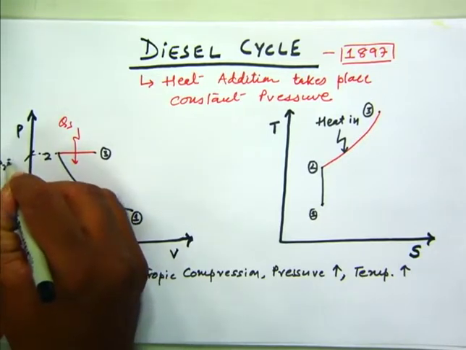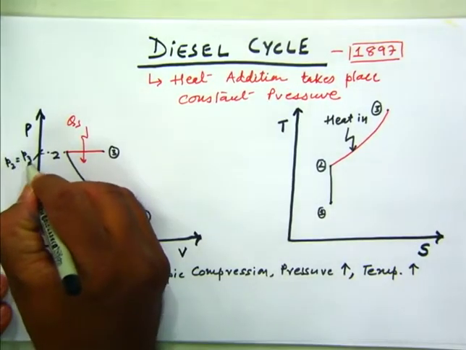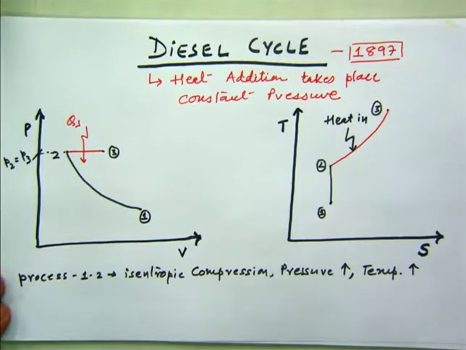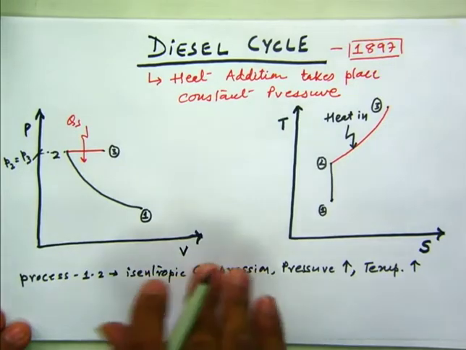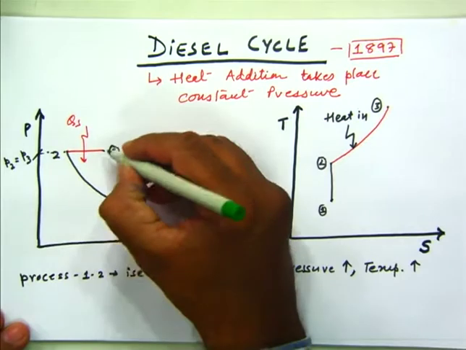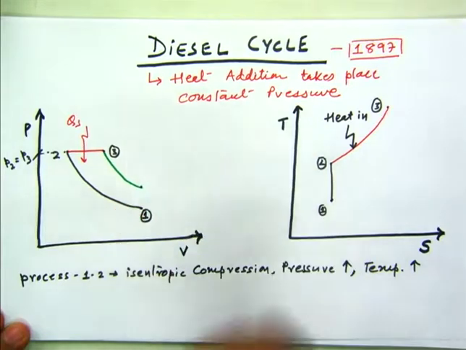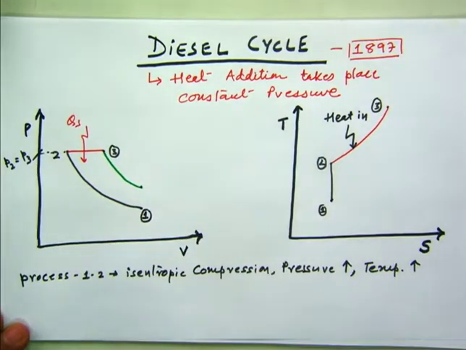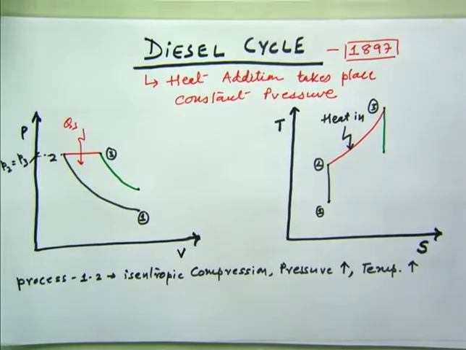Pressure remains constant, P2 is equal to P3. Then process 3-4 is isentropic expansion.